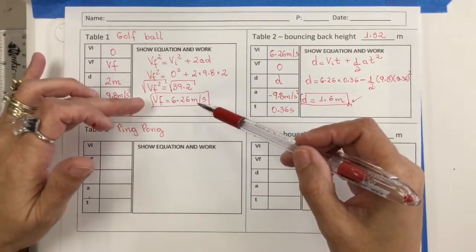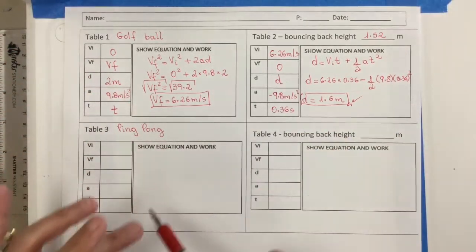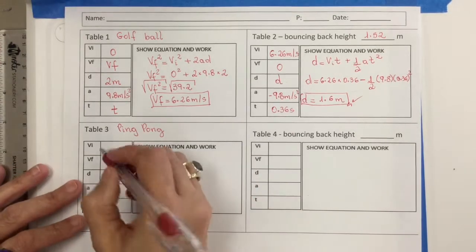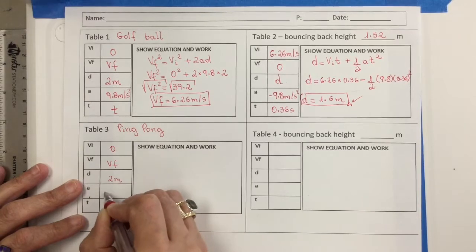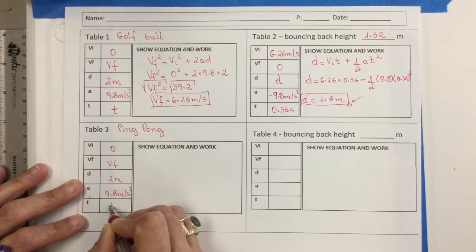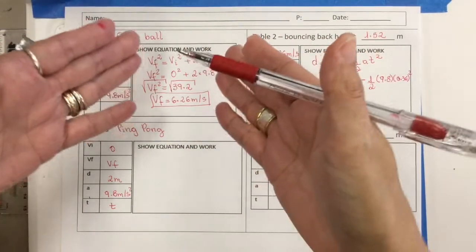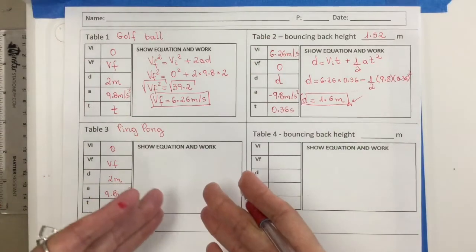So we should expect the final velocity for the ping pong ball to be exactly the same. So here will be 0, VF, 2, 9.8 meters per second squared, and the time. You just copy the same results from table 1 to table 3.